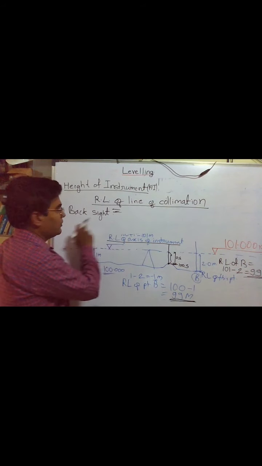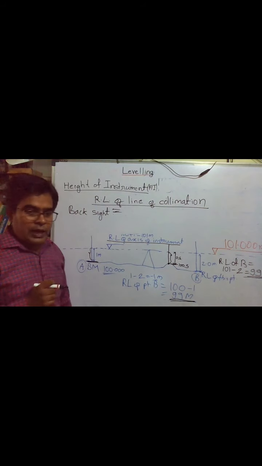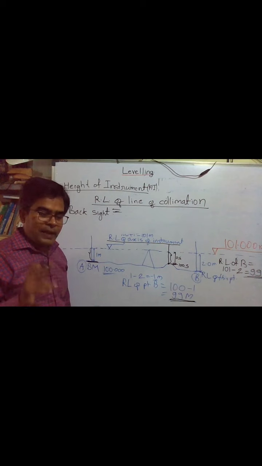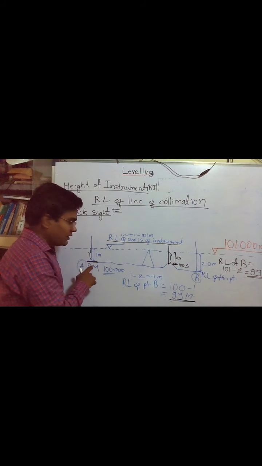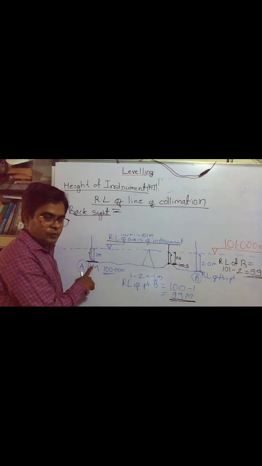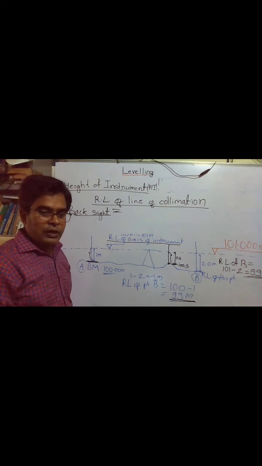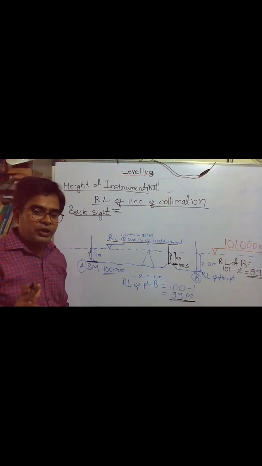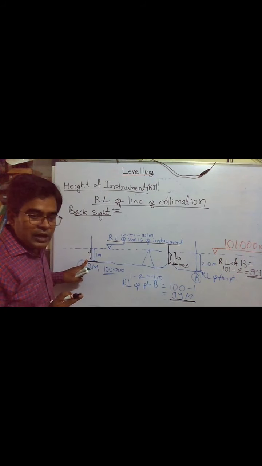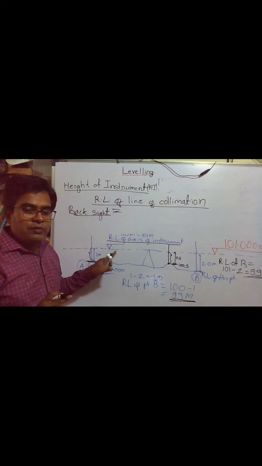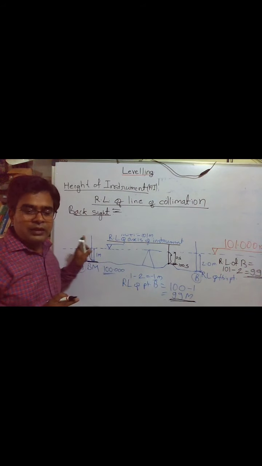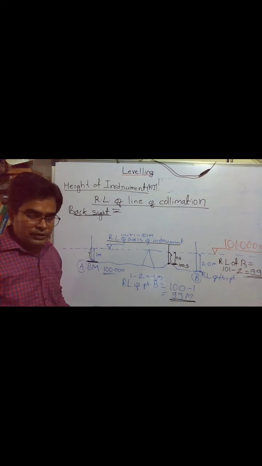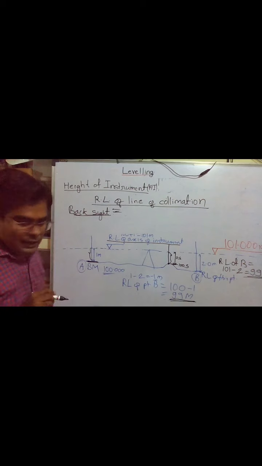We always take the backside reading at the point of known RL, that is, on the benchmark, because without that how can we find the RL of the next point? So whenever we set the instrument, the first reading is always called backside.